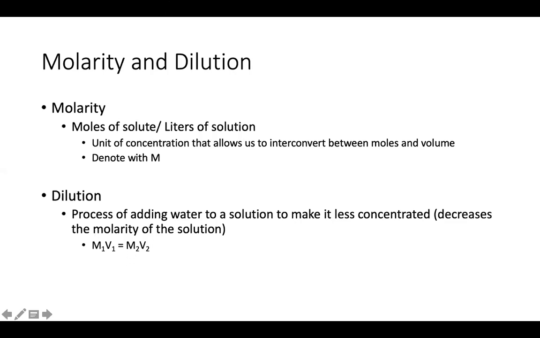If they mention that M2, your end concentration, is higher than M1, that is not a dilution. So your M2 should always be lower than M1, and your V2 should always be higher than V1, because you're adding water, adding volume to your solution to make its concentration go down.